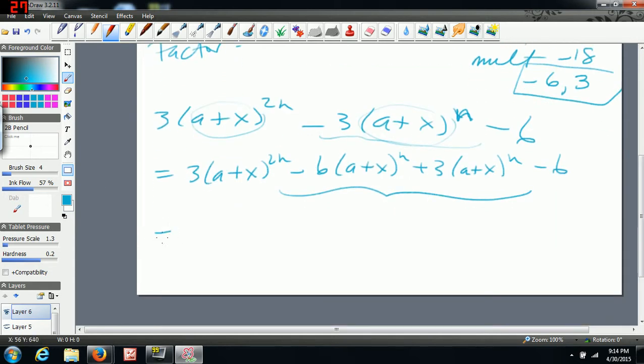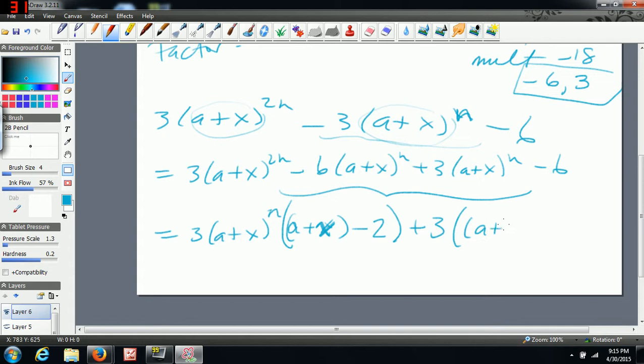So now at this point we've got 3a plus x, we could take out the n, and then we're left with a plus x minus 2, plus we can take out the 3 here, and we're left with a plus x minus 2 again. So now you could just factor this whole thing out here.